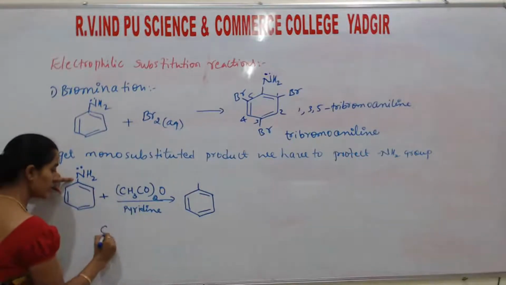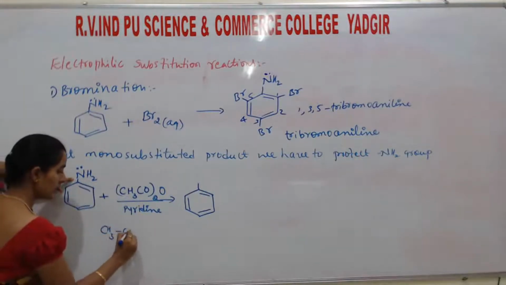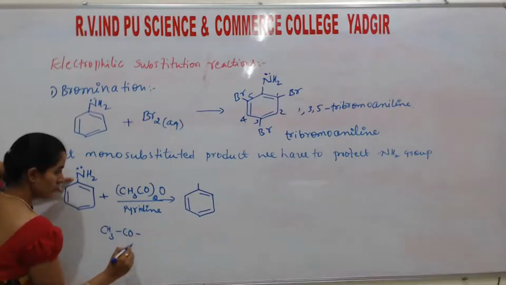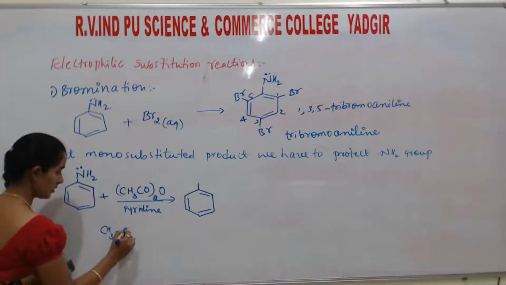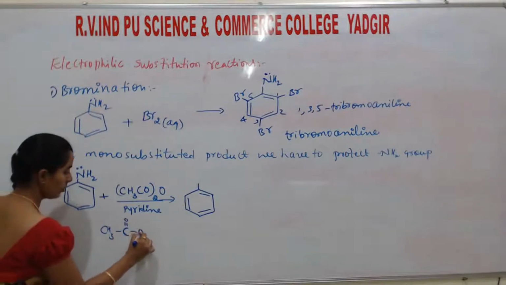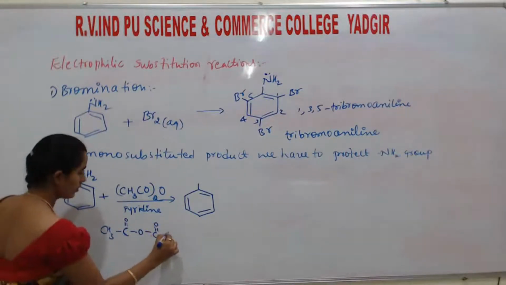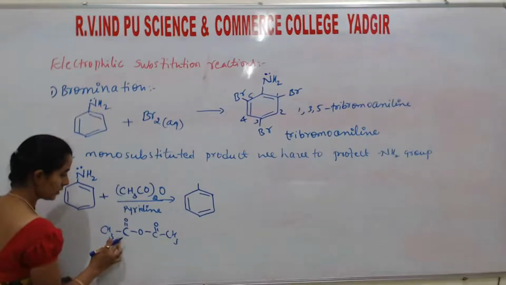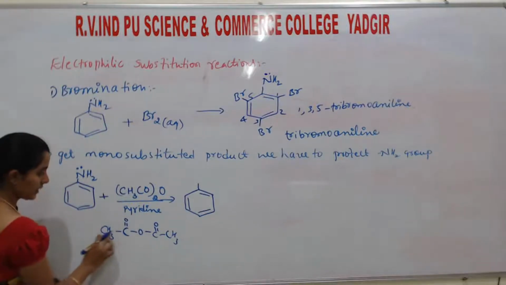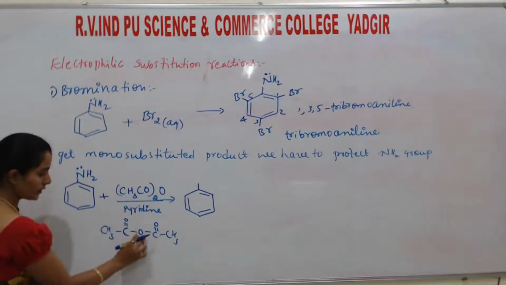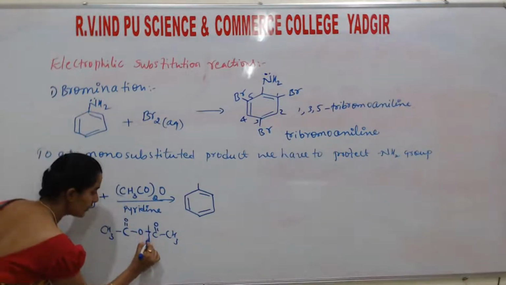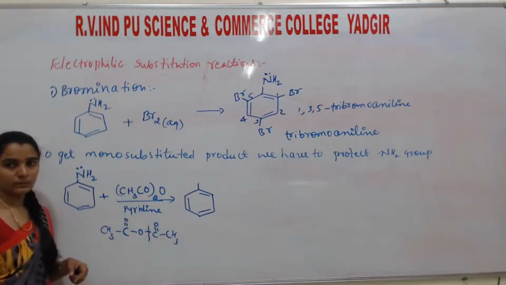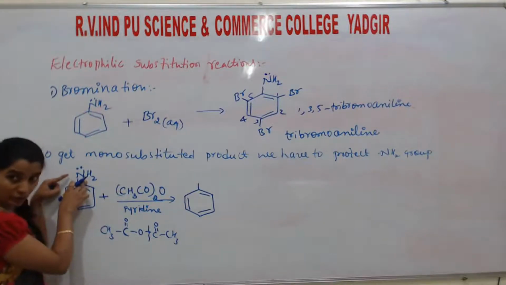So this is written as, students, I write here CH3C=O, O, C=O CH3. This is the structure of acetic anhydride, CH3CO twice O. Okay? So here, this will break. Understand? So here NH2 is there.